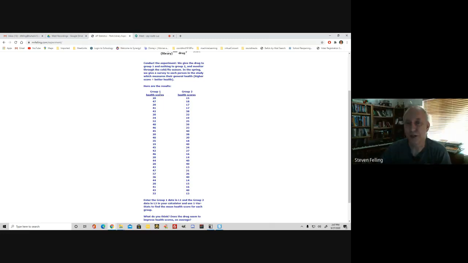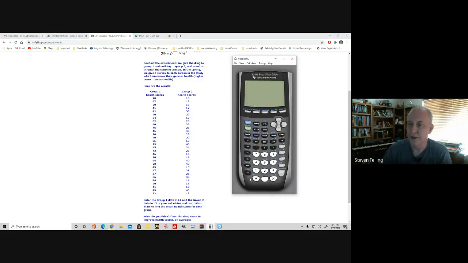And so each of these numbers is the score on a health survey. So what we're going to do is just compute the average health score for group 1 who took the drug, and then the average health score for group 2 that did not take the drug. So you would grab a calculator and you would maybe clear the lists, and then enter into list 1 all the group 1 scores, and we'll enter the group 2 scores into list 2. So I'll do that.